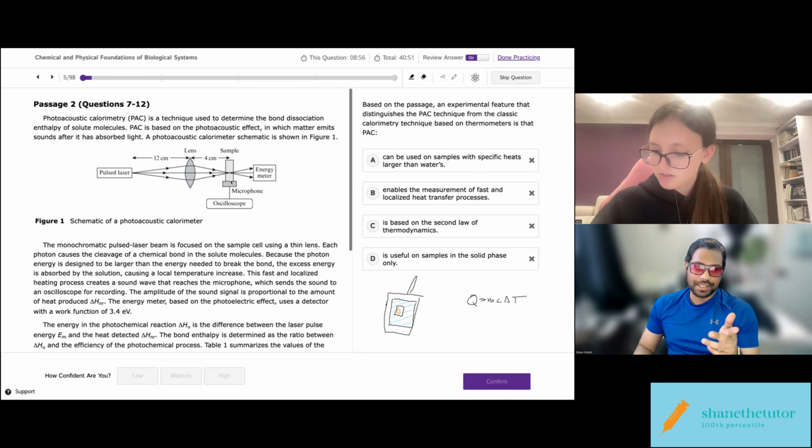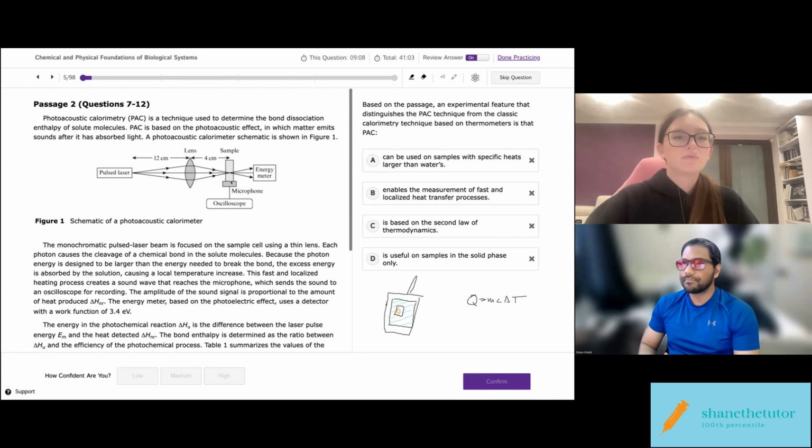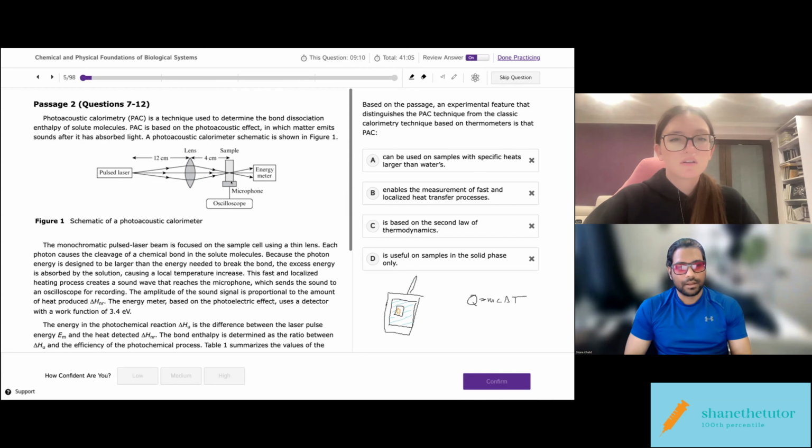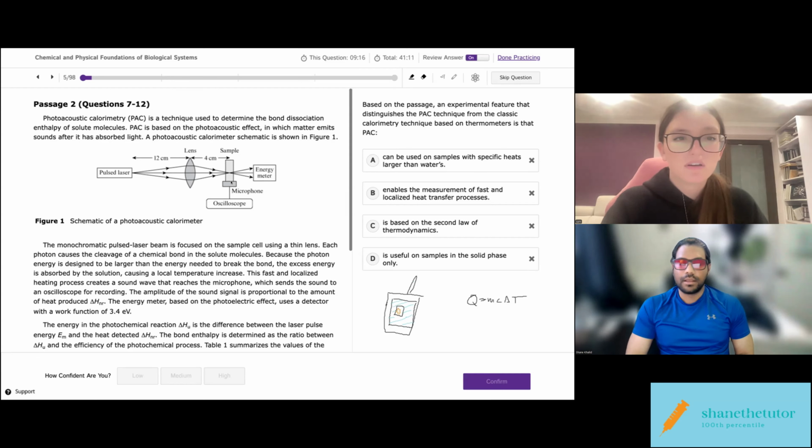That means that when something absorbs light, it makes a sound, right? So light emits sound. After the light passes through it, it creates some sound. And the sample is the microphone, or the sample is like the sound.